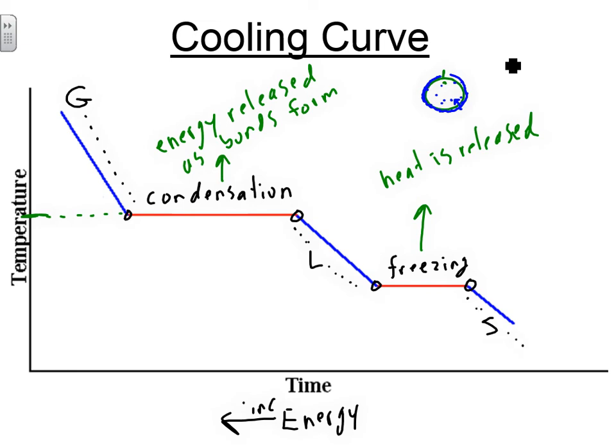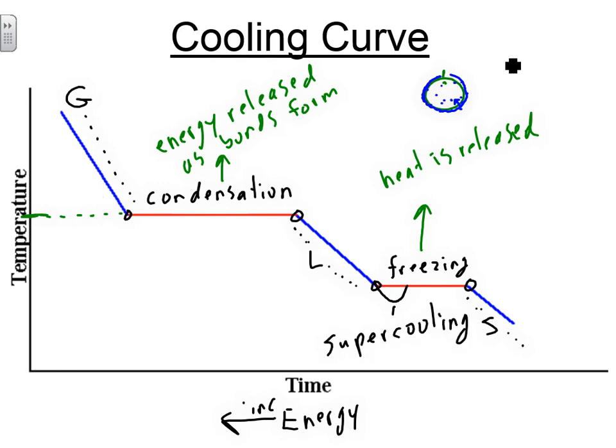Now, just like the heating curve, the cooling curve has a really interesting little phenomenon, and that is actually right below, right here. This is called supercooling. Just like we saw superheating, this is supercooling. Now this one you can actually demonstrate yourself.